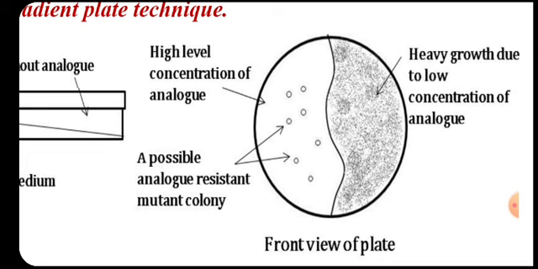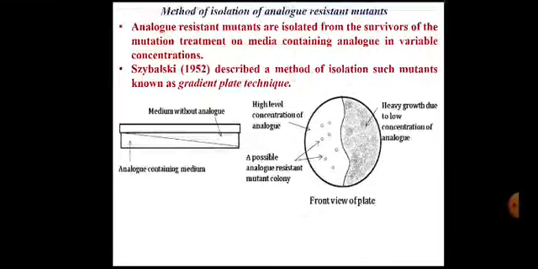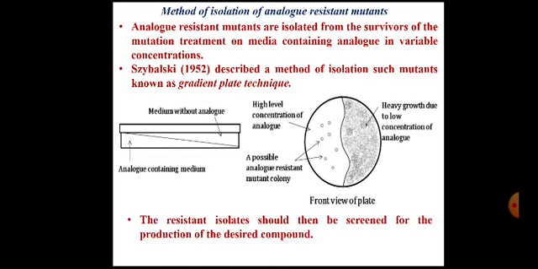So these are the possible analog resistant mutants, but mind well that all analog resistant mutants may not be overproducers. Therefore, the next step is that the resistant isolates should be screened for the production of the desired compound.